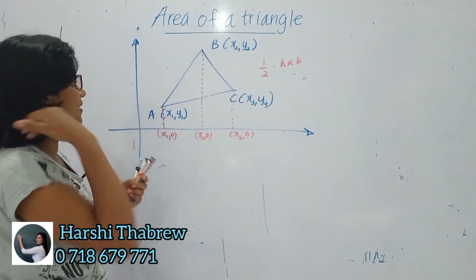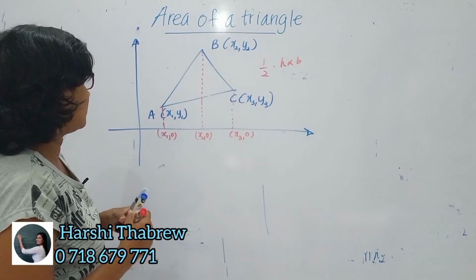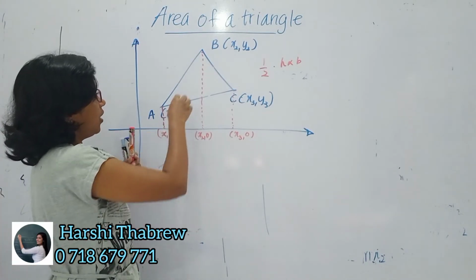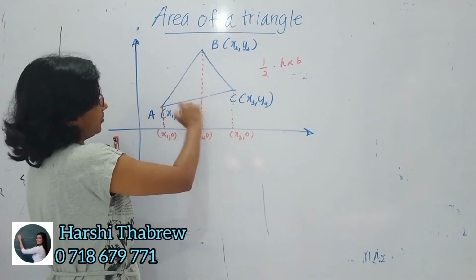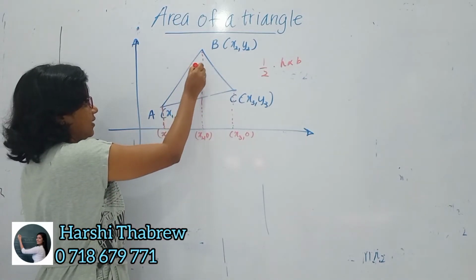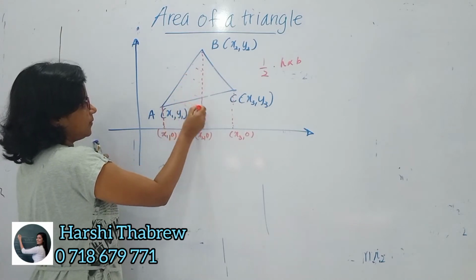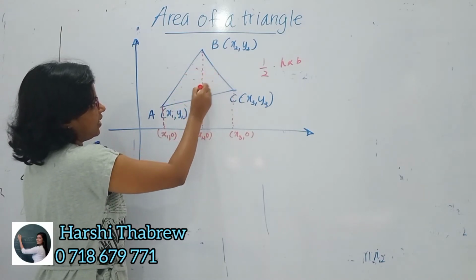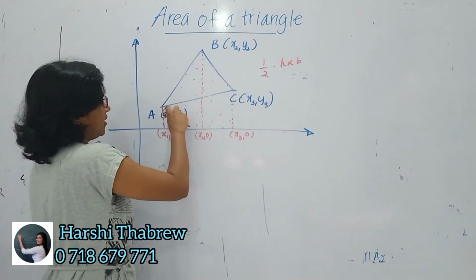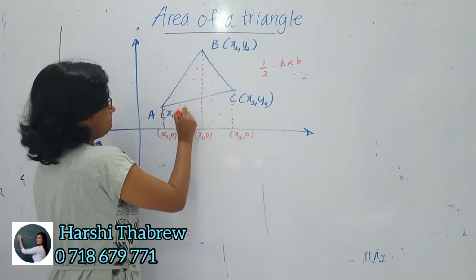Then you can see that there are altogether 3 trapeziums. First one is this trapezium, second one is this one, and third one is this part.